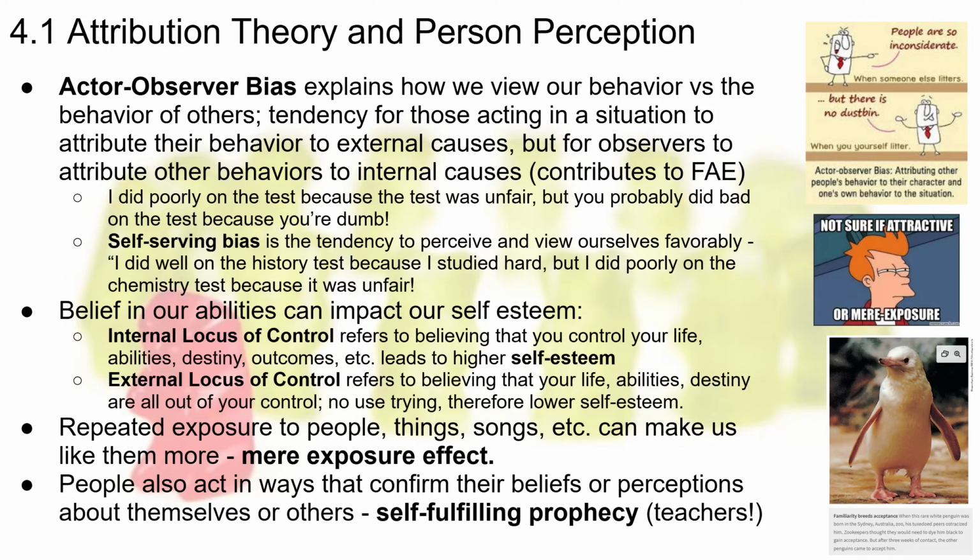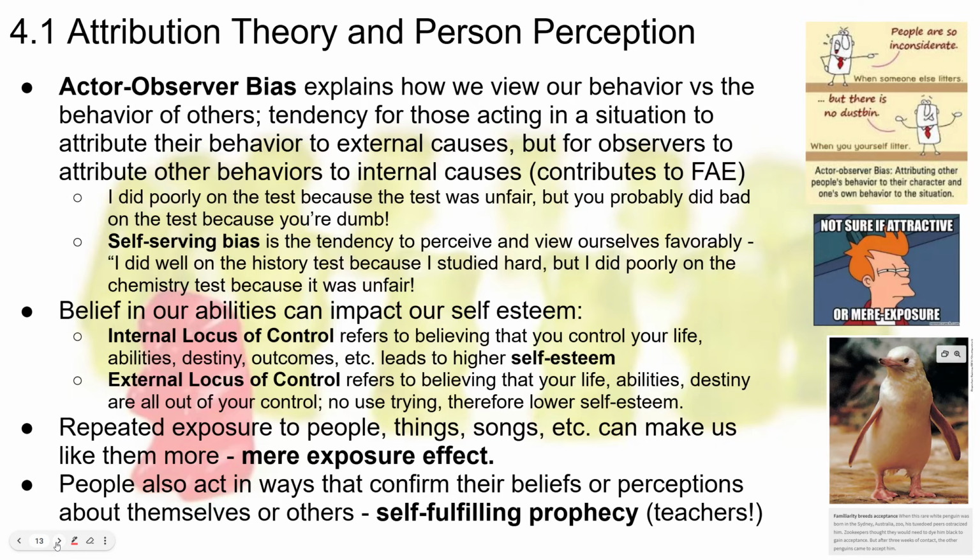You do well on the history test because you studied hard and you're intelligent, but if you take a chemistry test on that same day, you did poorly on it because it's unfair. So again, you're more likely to make dispositional attributions to serve yourself and say that you're a smart, intelligent person, and you're more likely to make situational attributions when you don't do well. Again, self-serving. I couldn't do well on this test because the teacher hated me, or because the questions were not what we studied in class, or whatever you might say. And again, that's a self-serving bias.